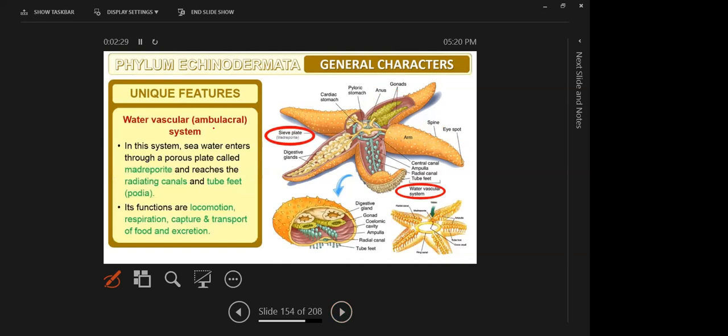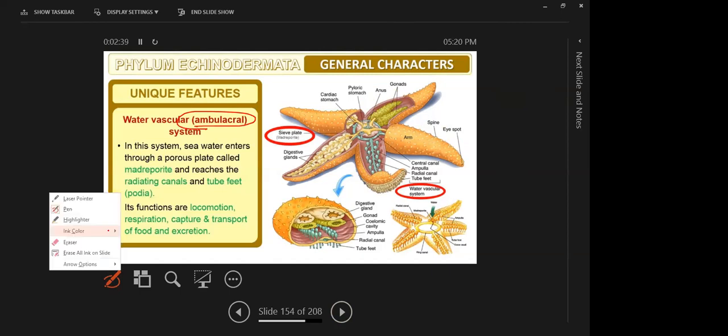They have ambulacral, which means water vascular system. It's not water canal system. Water canal is the one which we saw in porifera. Here it is water vascular system. In this, seawater enters through the porous plate called madreporite, and reaches the radiating canals and tube feet and helps in locomotion, respiration, transportation, excretion.